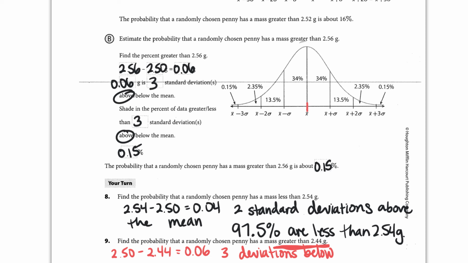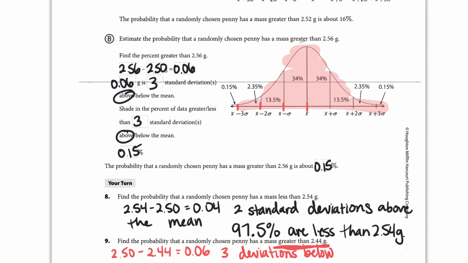Here's the mean, 1 below, 2 below, 3 below, but we are looking for greater than 3 standard deviations below. So we want all of that shaded red stuff.